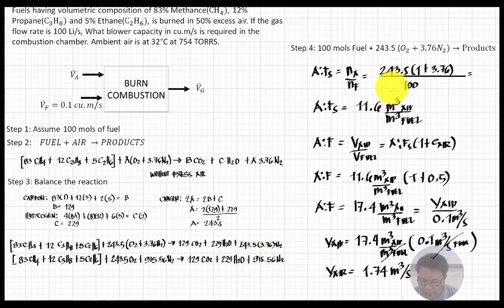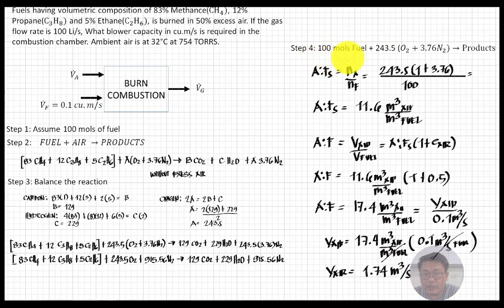Then step 4 is for your air fuel ratio. Again, we have 100 moles of fuel plus your air, which will be 243. These are the values that I got here. Then finally, our stoichiometric air fuel ratio will be the moles of air, this part here, divided by the moles of fuel.